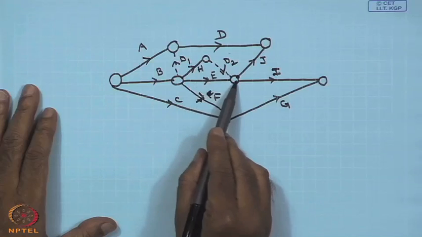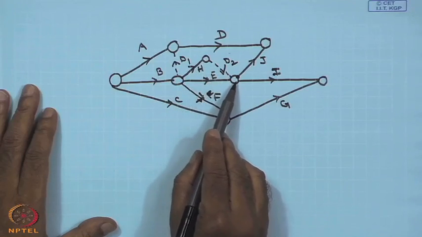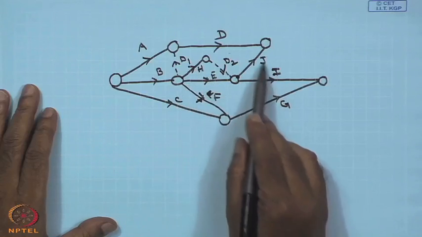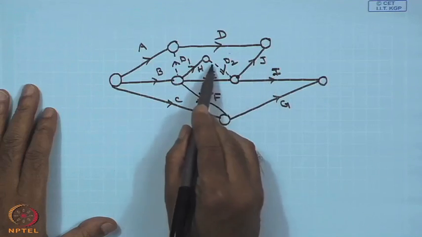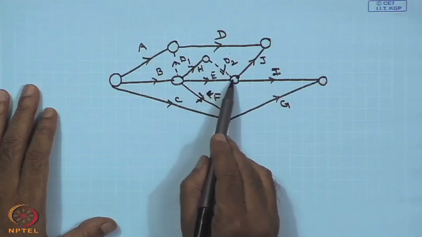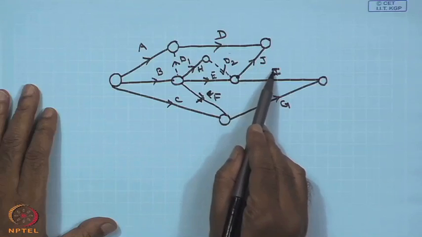Now you see E and H both precede I and J, this is true now. So, using this dummy activity I can tell that E and H precedes I and J.